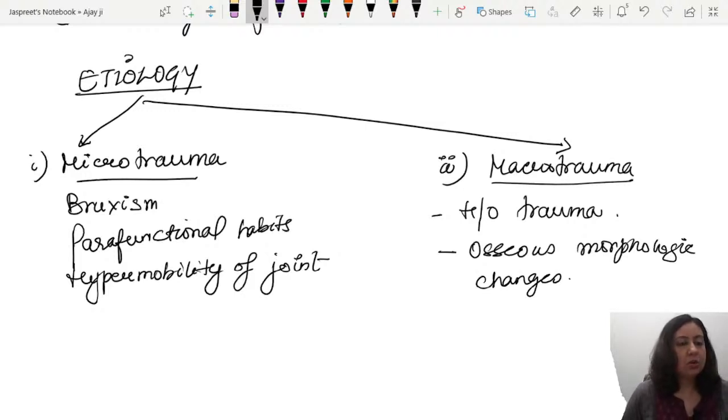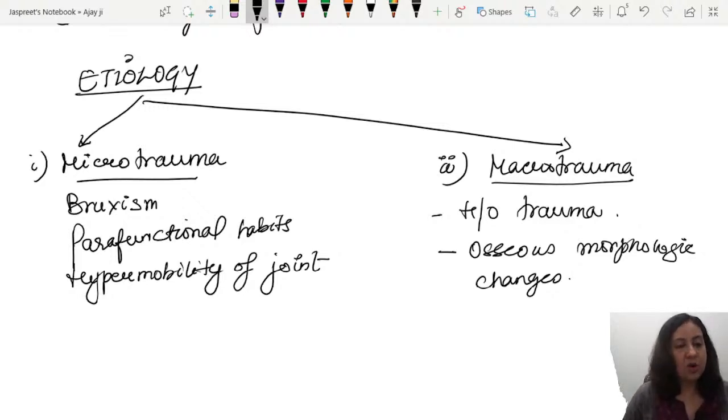So the etiology of internal derangement can be either due to micro trauma or macro trauma. In micro trauma, we have bruxism, parafunctional habits like nail biting and lip biting, and hypermobility of joint, which is nothing but dislocation. In macro trauma, there might be a history of direct impact to the joint, or osseous morphologic changes.